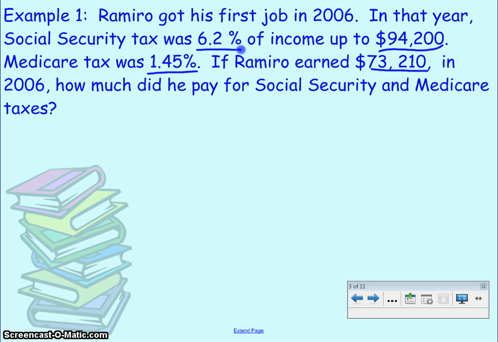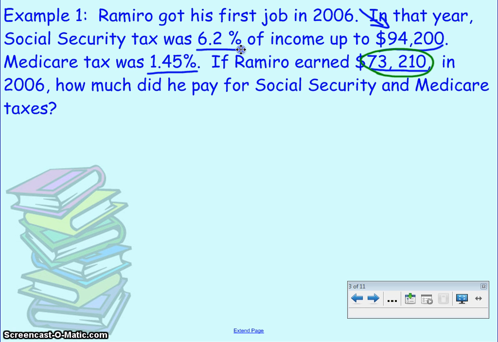Well, the first thing that we know is that in regards to Social Security, there is a maximum. Meaning if he goes over that maximum, he's only going to pay Social Security up to when he earned $94,200. Now in this case, Ramiro did not go over the maximum, so the maximum doesn't really apply here.